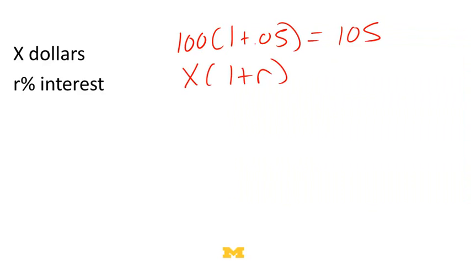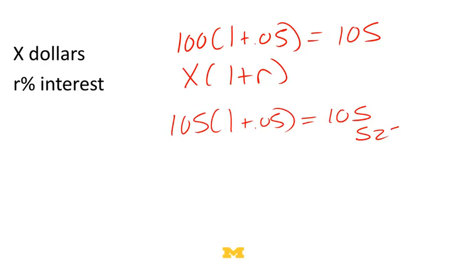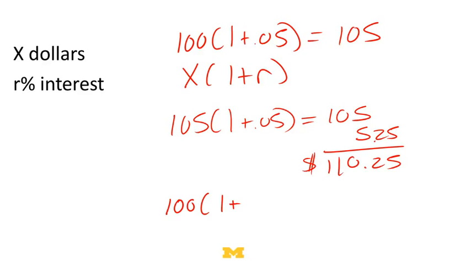Now if I put that 105 back in the bank, I'll get 105 times 1 plus 0.05, and that's going to be 105 plus 5.25, which is 110.25. So at the end of 2 years, I'll have 110.25. Now, if I kept this money in the bank for 10 years, I'd just have 100 times 1 plus 0.05 raised to the 10th power, right?